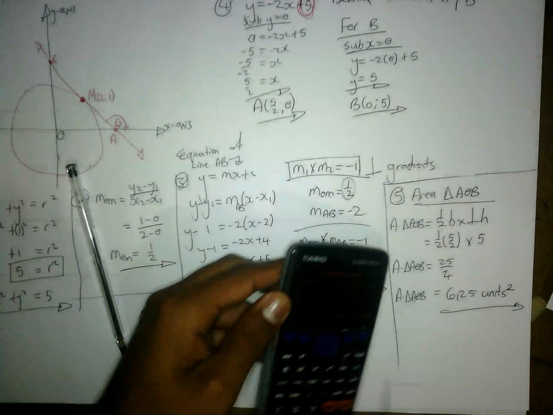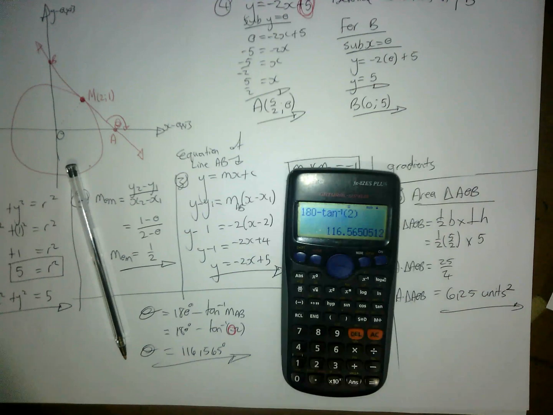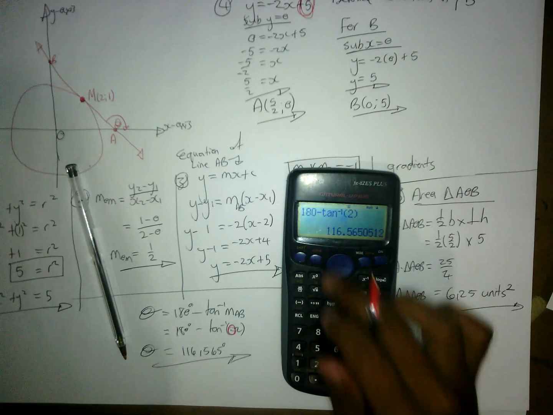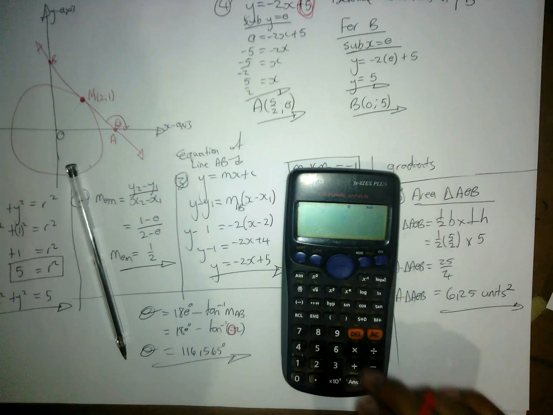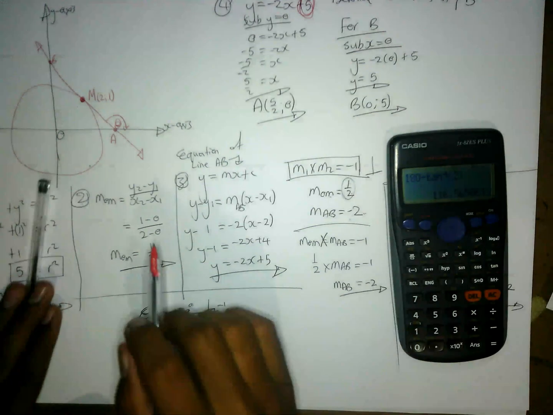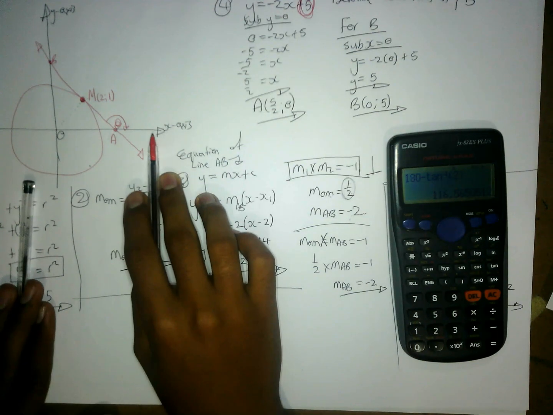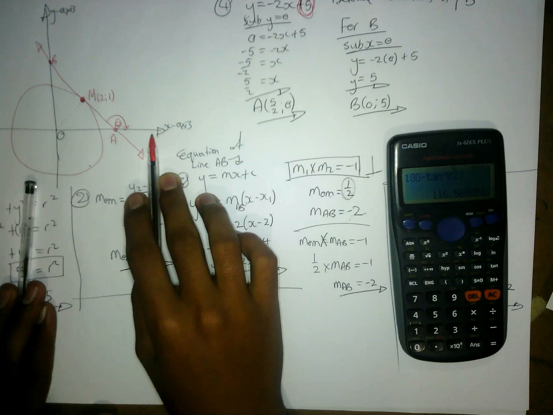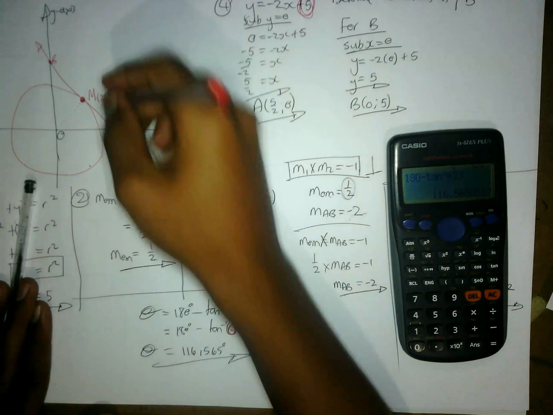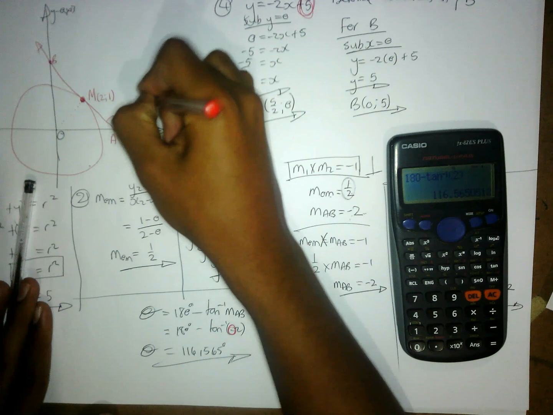I don't know why, I can't tell you why. But look here. We know that a straight line equals 180 degrees. So here we get 116.565 degrees.